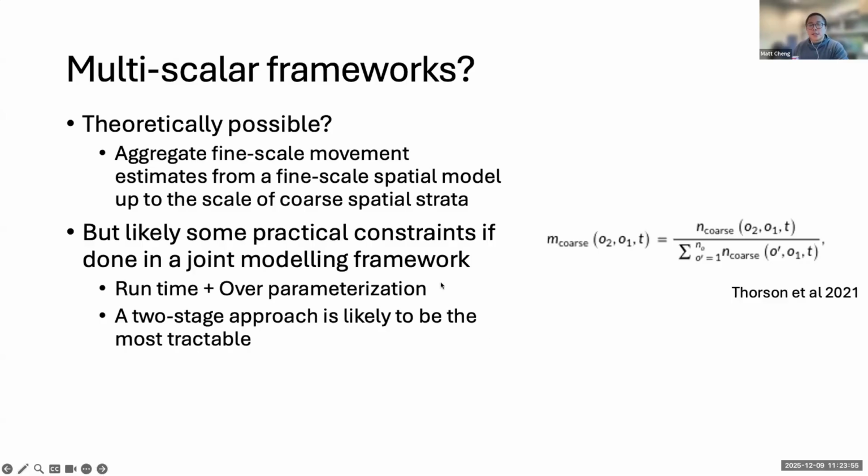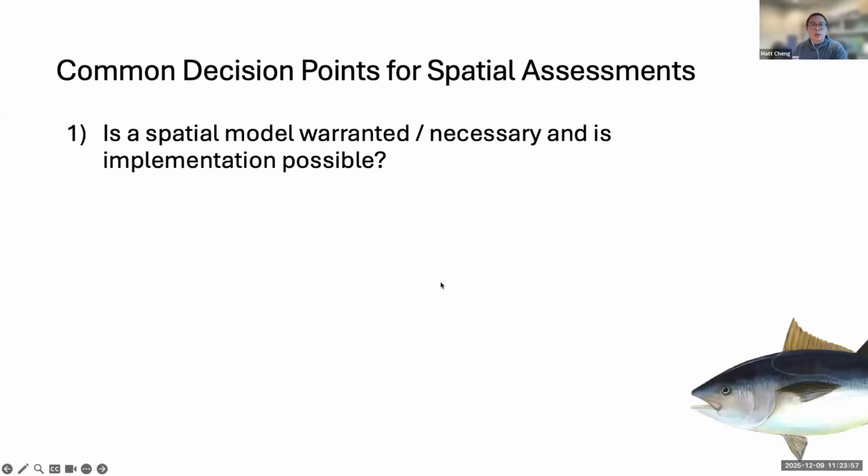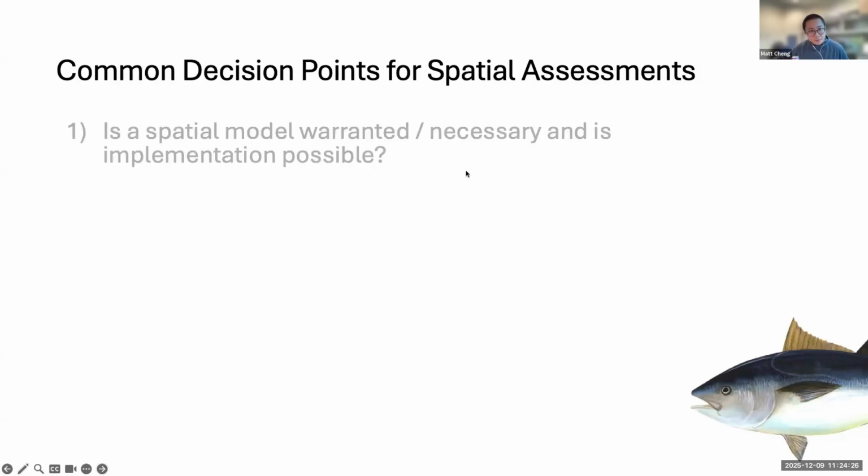I'll transition next into talking about some common decision points for spatial assessments that I think are generally applicable to all of the different approximations I talked about previously. First and foremost is whether or not a spatial model is really needed, and whether the data support the use of a spatial model. I won't really touch on this, since we're mostly focusing on parts of a spatial model we might decide to implement.